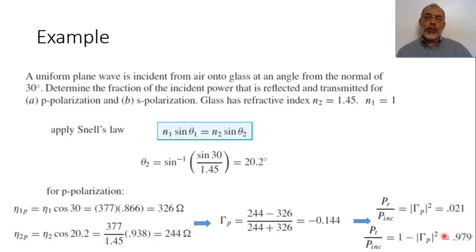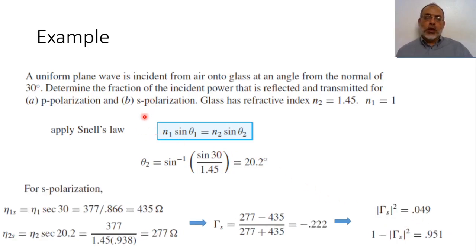Now, if you are talking about the perpendicular polarization, S polarization, we say that eta 1s is eta 1 over cosine 30, or 1 over cosine 30. So it is 377 over 0.866. It would be 435 ohms.